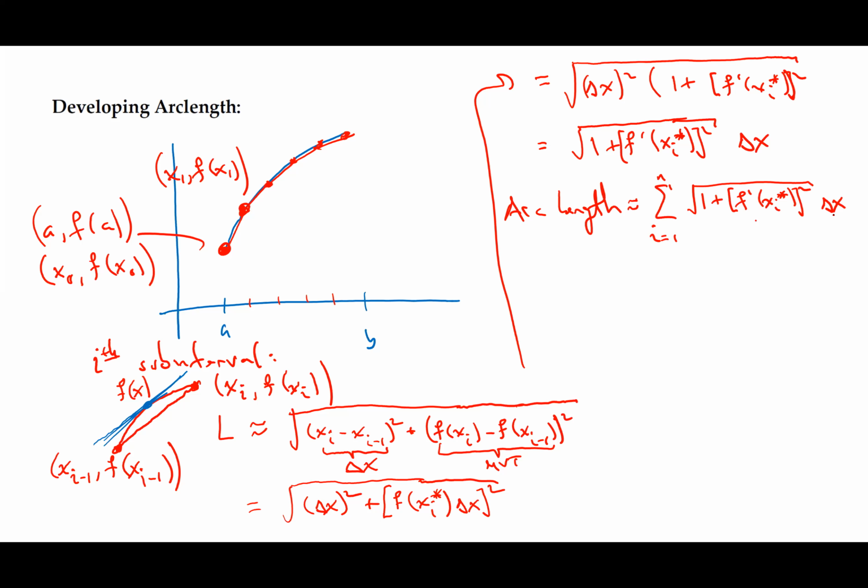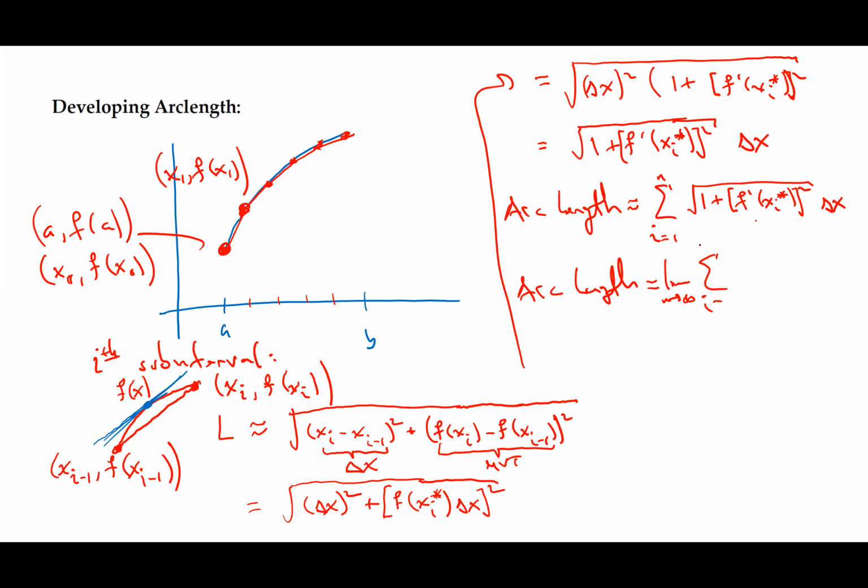Well, gosh, doesn't that look familiar? If I wanted to know what the arc length actually is, then how many subintervals do I need? Well, infinitely many. So I would take the limit as n goes to infinity.